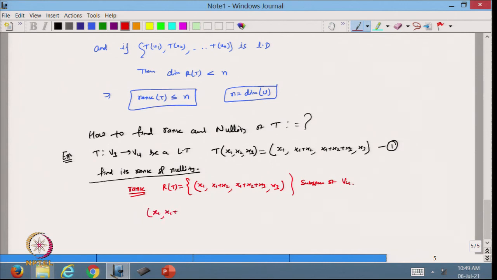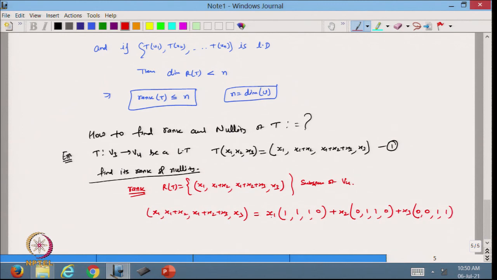Now, I can write this as (x1, x1 plus x2, x1 plus x2 plus x3, x3). This one I can write in the form of taking x1 common. So, it will become x1 times (1, 1, 1, 0) plus x2 times (0, 1, 1, 0) plus x3 times (0, 0, 1, 1).